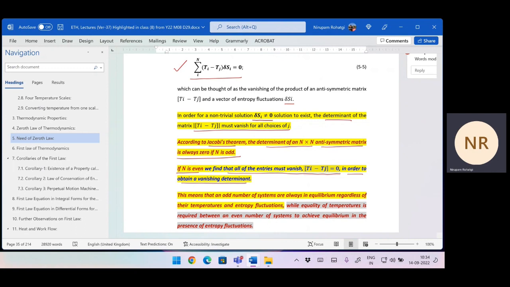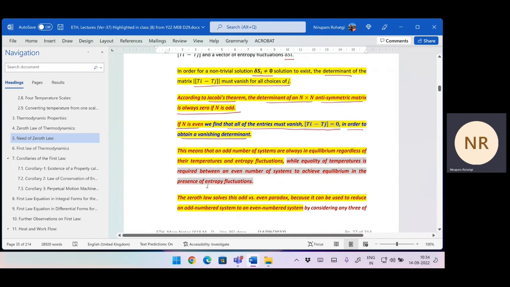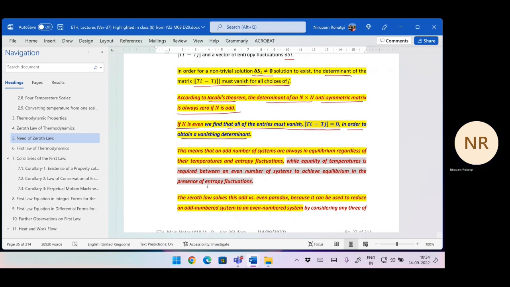Thermal equilibrium will be there when all the bodies are having the same temperature. Okay. So mathematically what is happening is that if your isolated system contains an odd number of bodies, then your system is always in thermal equilibrium, whatever the Ti's are.